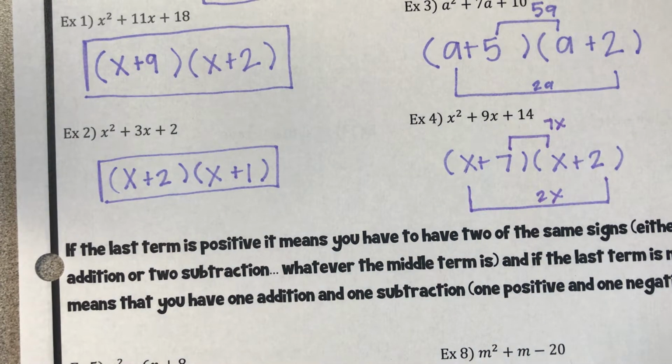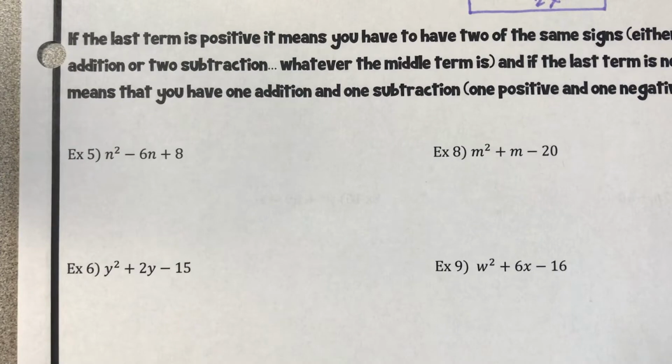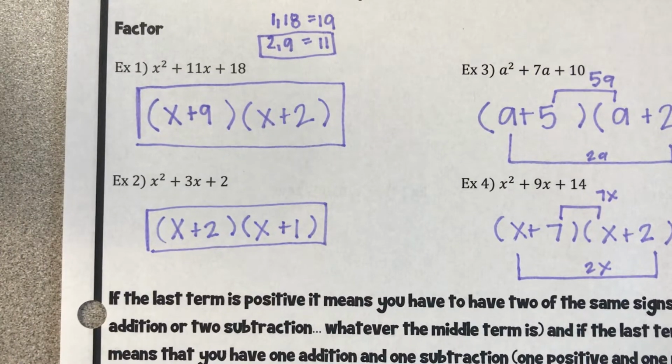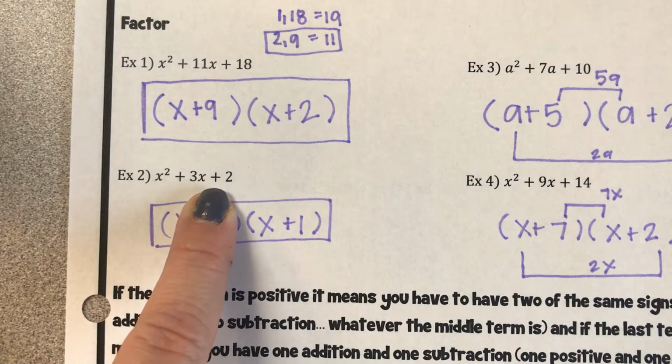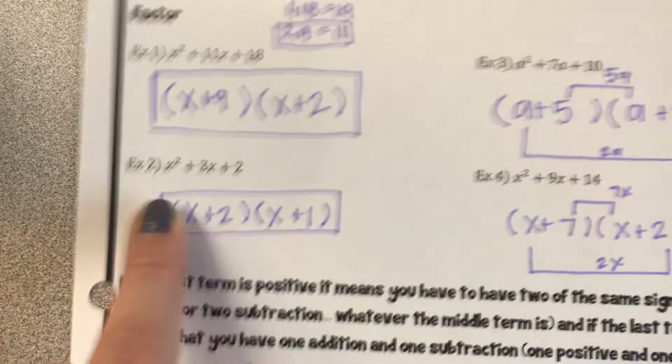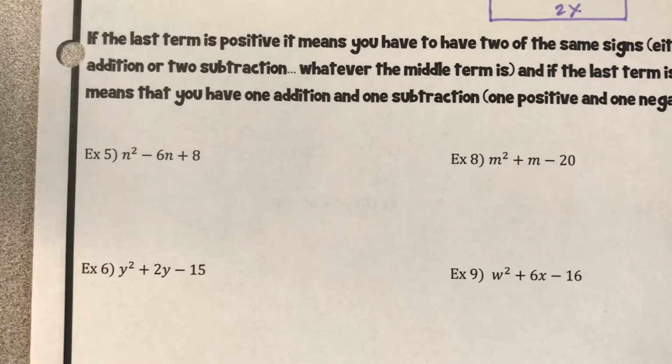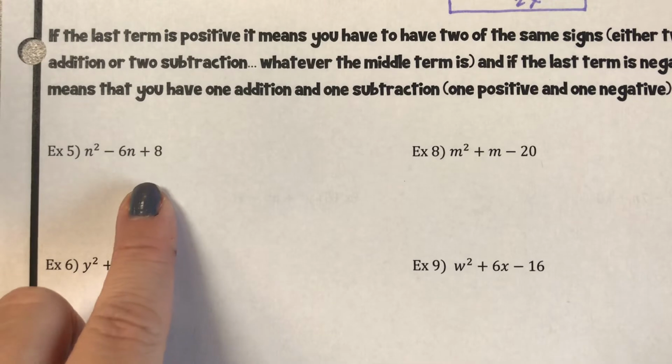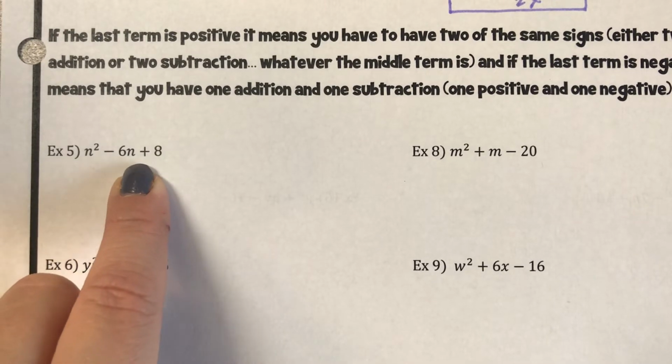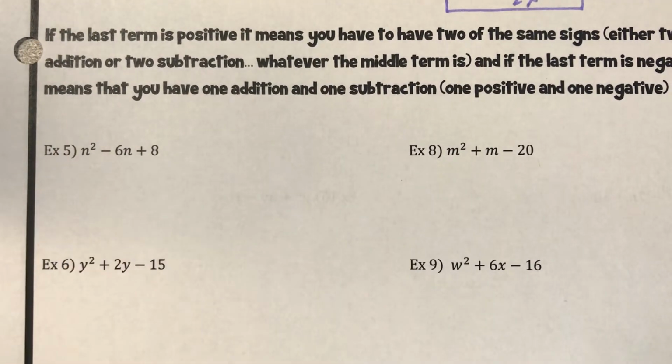Okay, and if you're thinking like, man, this is the world's easiest lesson, okay, buckle up because it's going to get a little bit trickier. Everything that we did up here had a plus sign. That's kind of the easiest case scenario. If you have a plus sign for the last term, it's telling you that you have two of the same signs.